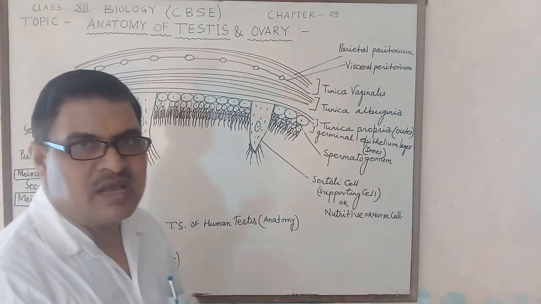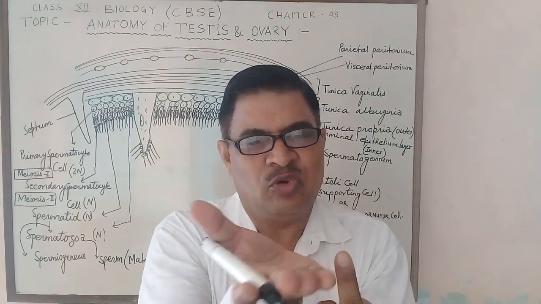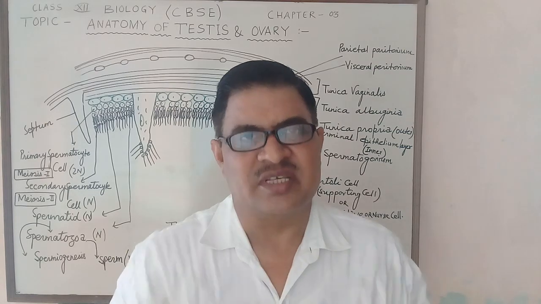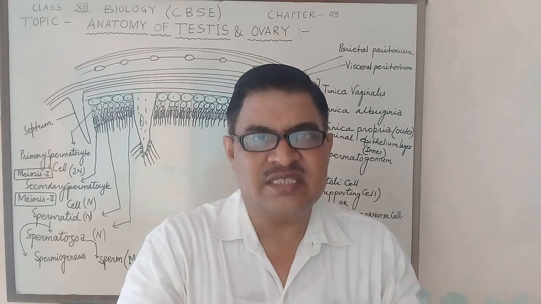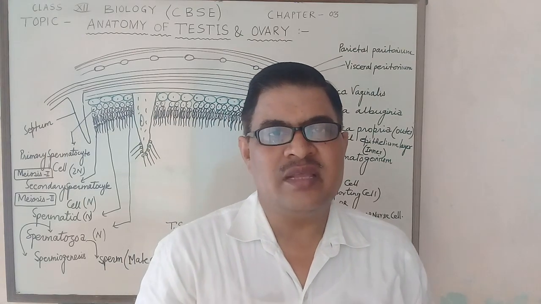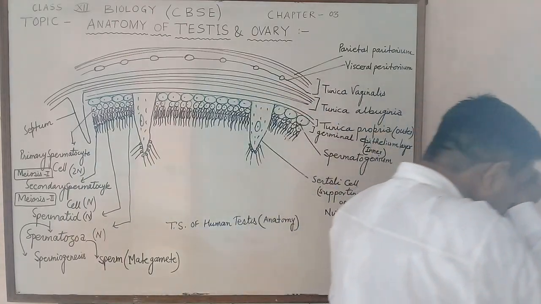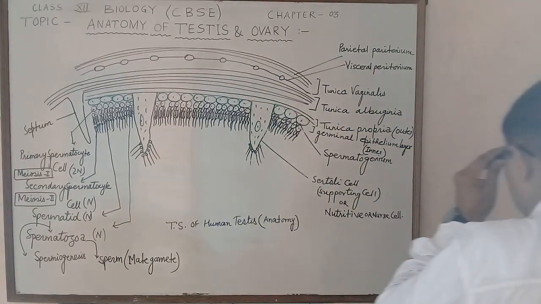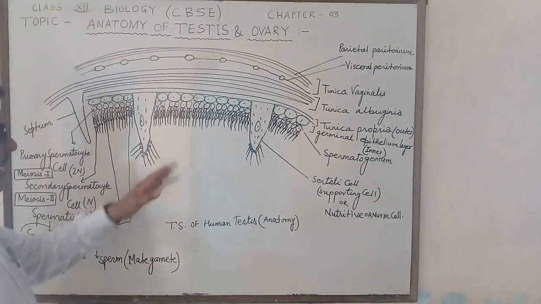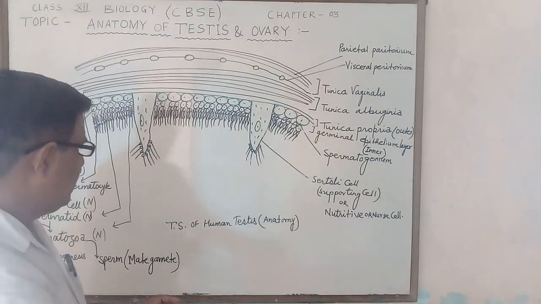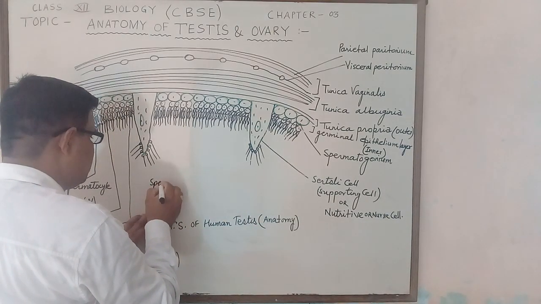TS means transverse section, a type of section which is horizontal to the earth's surface. When the testis is cut by TS, it shows the following structure. Here the testis anatomy is discussed, in which one cell is the spermatogonium.